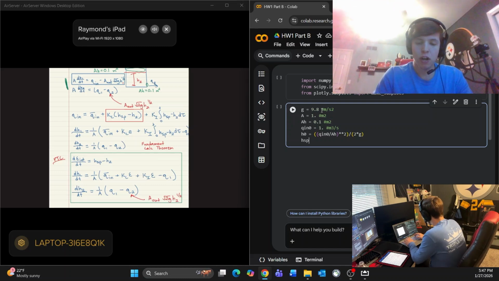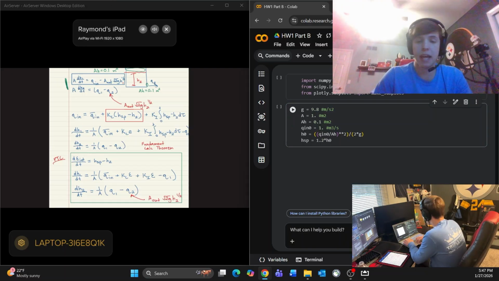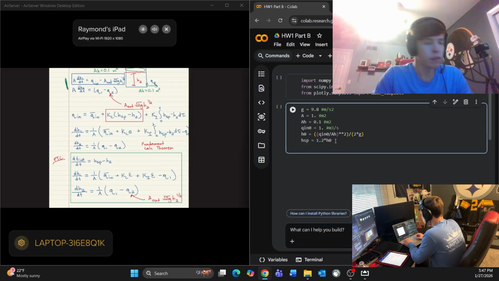And then we'll set our set point for our heights, which for this problem we are just going to set as 20% higher times our h naught, because in the problem statement it tells us that the set point is 20% higher, and that's what we also applied in class. So we have our h set point, and then we can start getting into our controller gain.